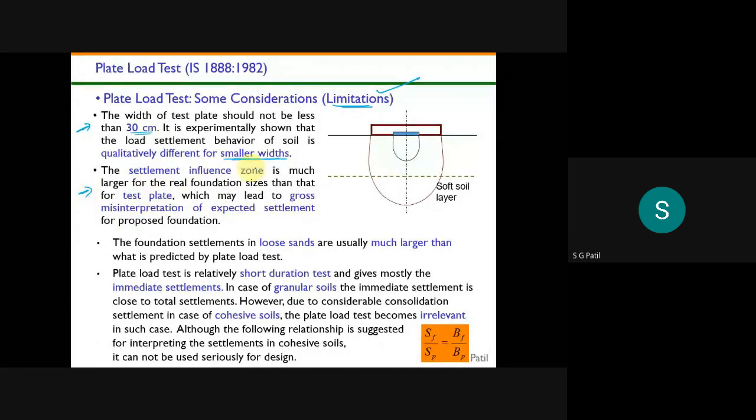The settlement influence zone is much larger for the real foundation size than that of the test plate, which may lead to gross misinterpretation of expected settlement for the proposed foundation. What do you mean by that?